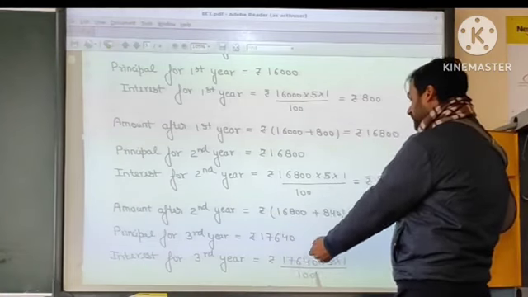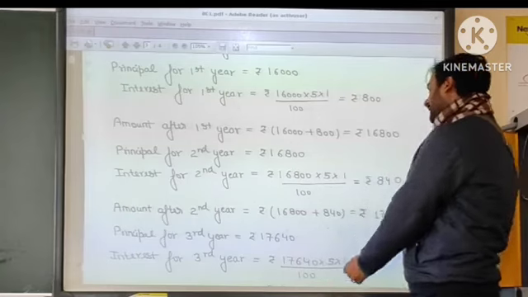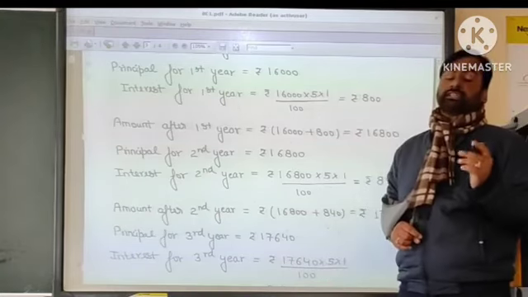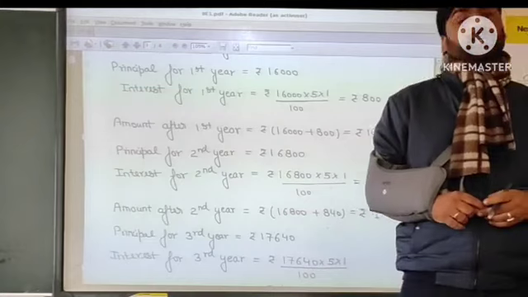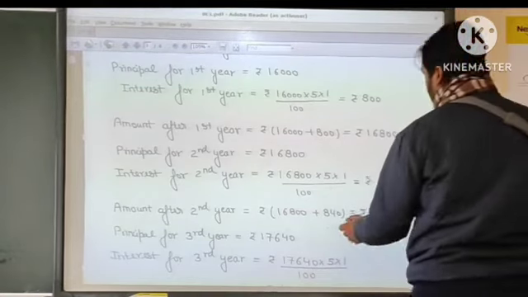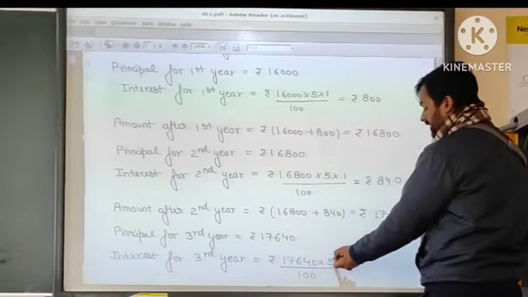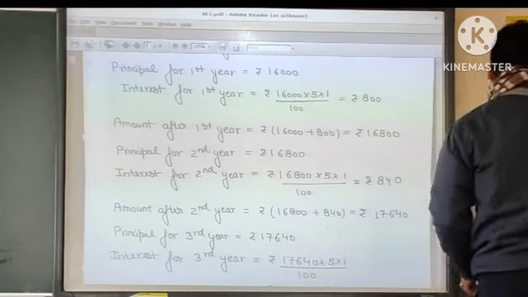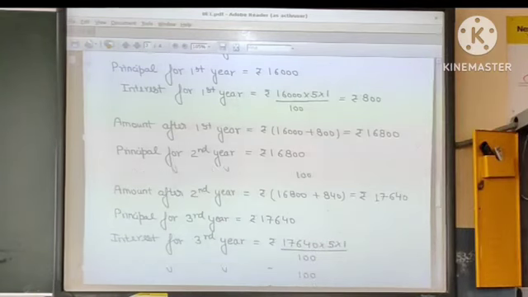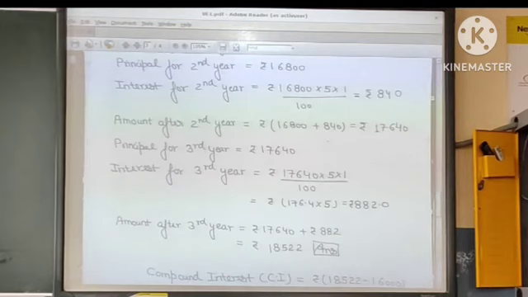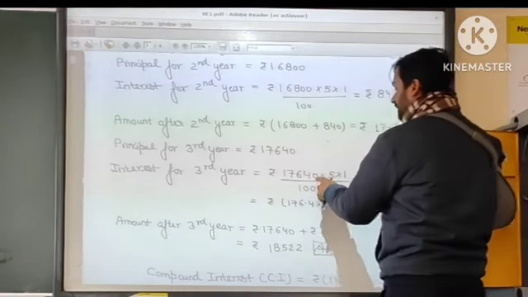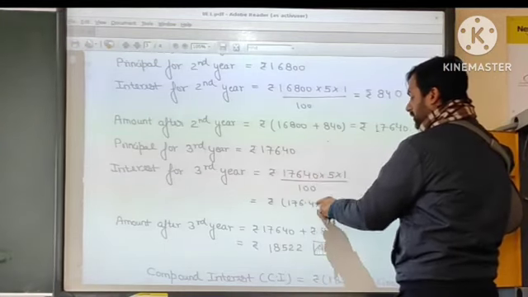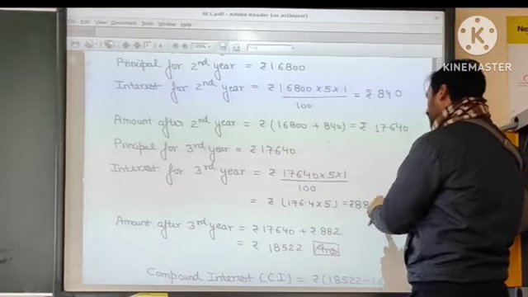Interest for third year is what? 17,640 into 5 into 1 over 100. Again, interest for third year will be calculated using the formula of simple interest only. Time is 1 year, rate is 5%. So it will be 176.4 into 5, which is 882.0.